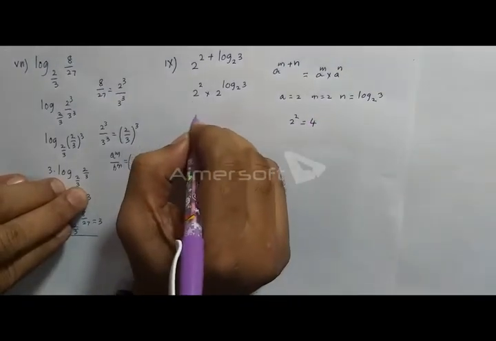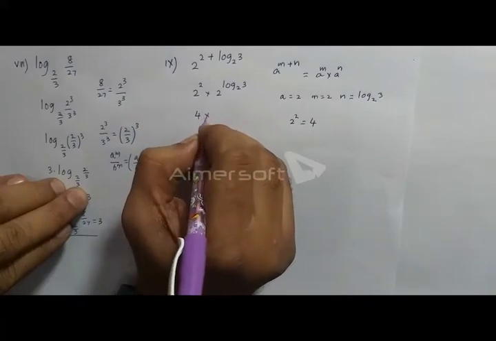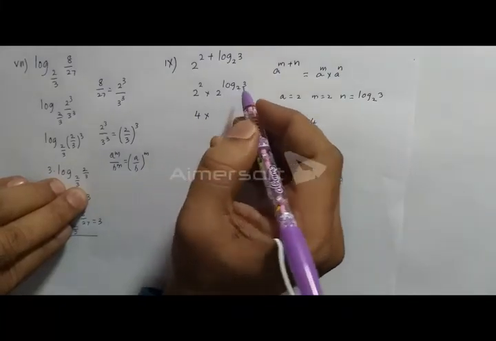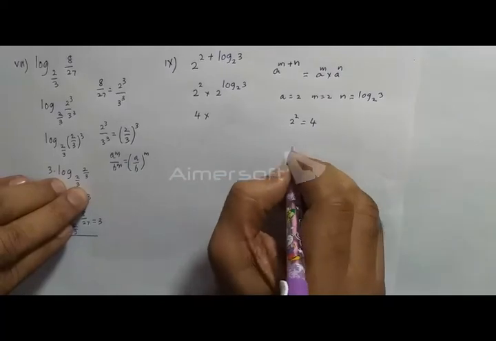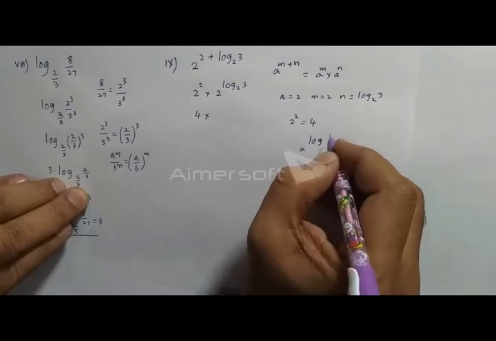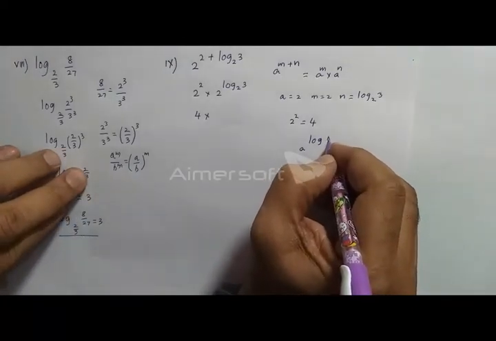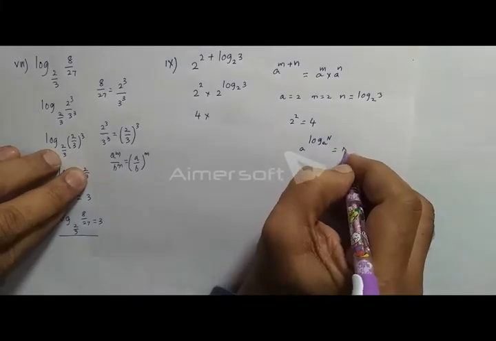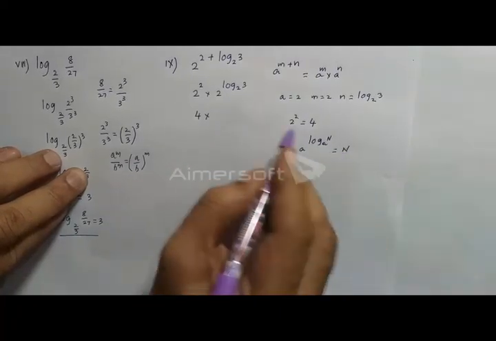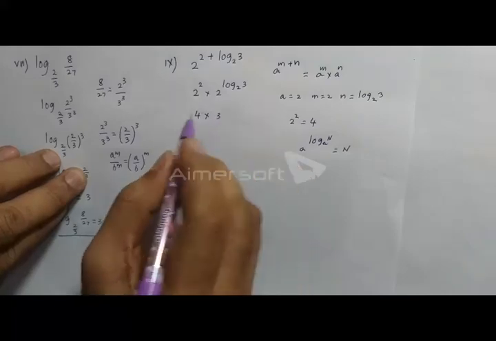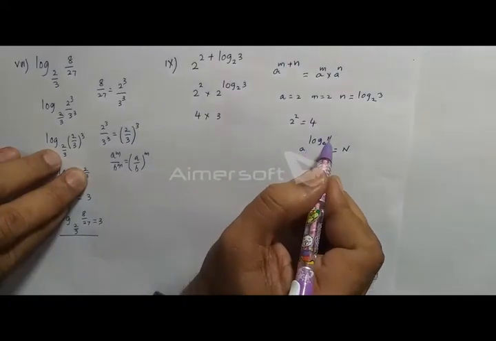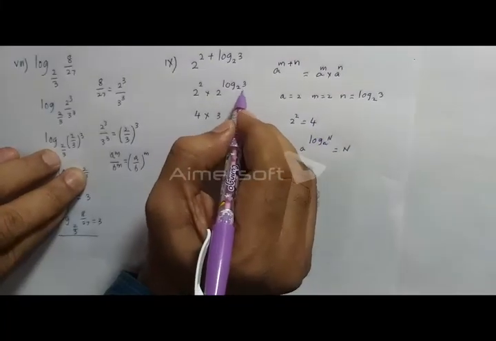Yes, we write 4 into, observe this, 2 power log 3 base 2 is in the form of a power log n base a is equal to n. 3 is in the n's place, so we have the answer 3. 2 square is 4, and as per the formula a power log n base a is equal to n, we can write 3.